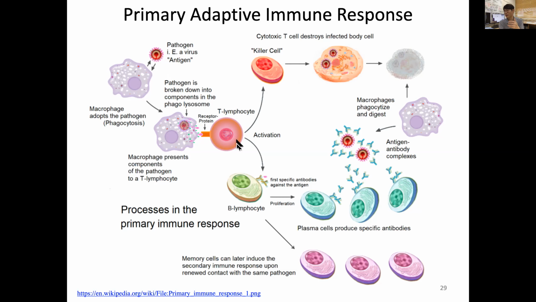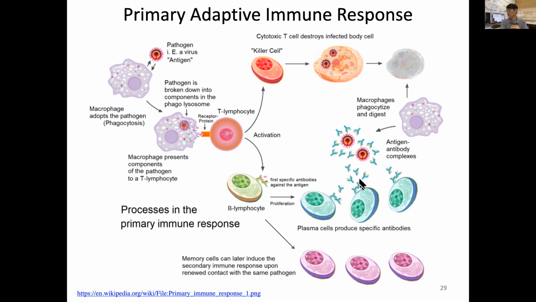On the other hand, this also activates a B lymphocyte. That B lymphocyte is also very specific to those antigens, so it will have a specific antibody against that antigen. Then that specific B lymphocyte will start to proliferate into plasma cells, like a clonal expansion, making many clones to produce the same antibodies against these antigens.